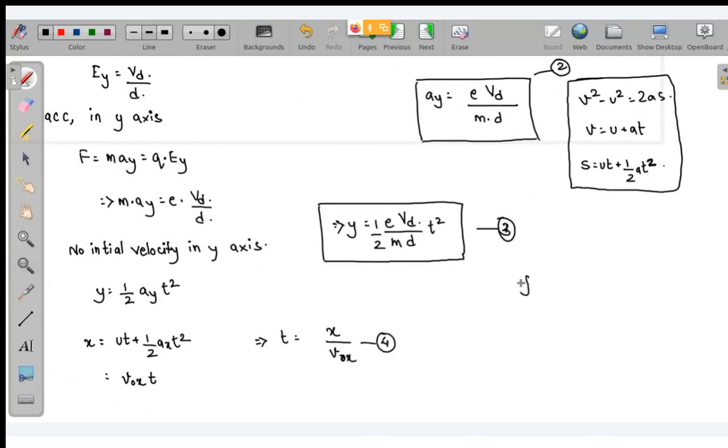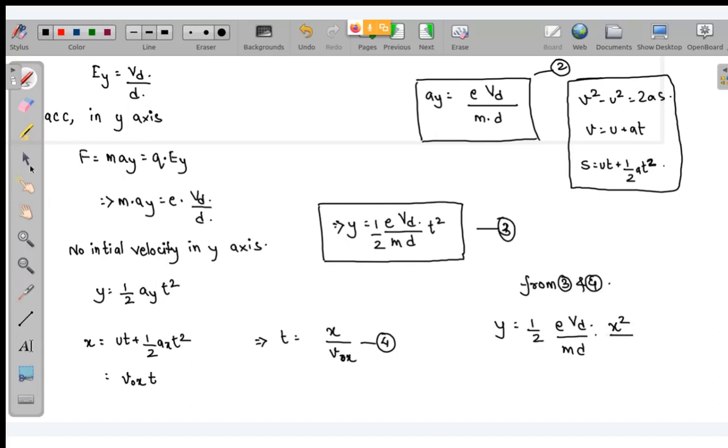From 3 and 4, what do we get? y is equal to half E Vd by Md into t square. So t square means x square by vox square.